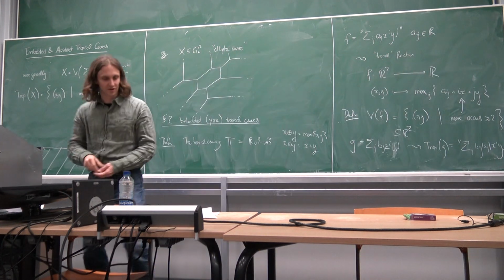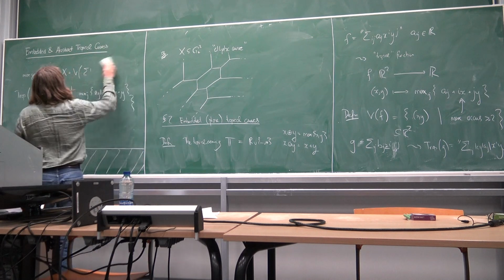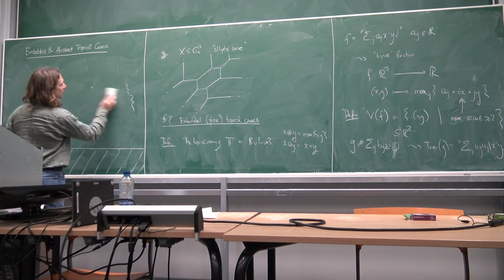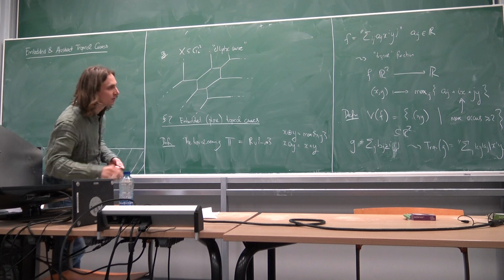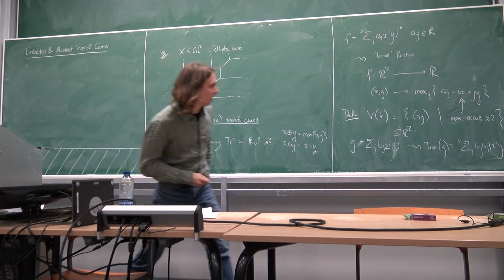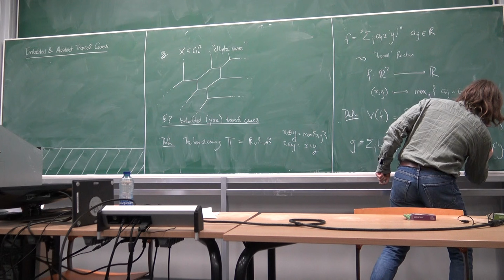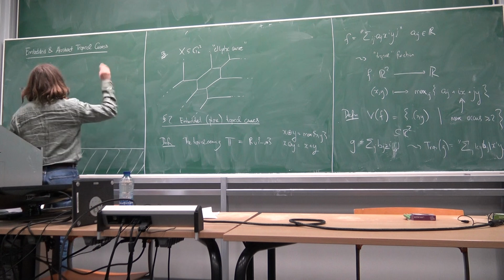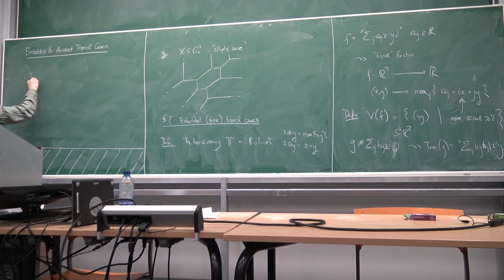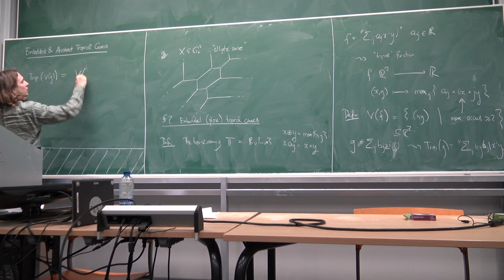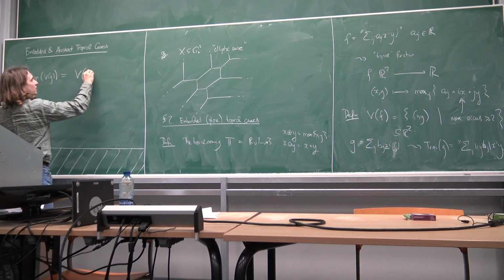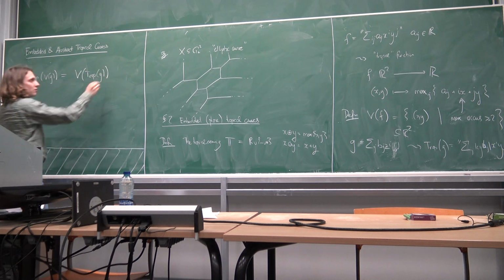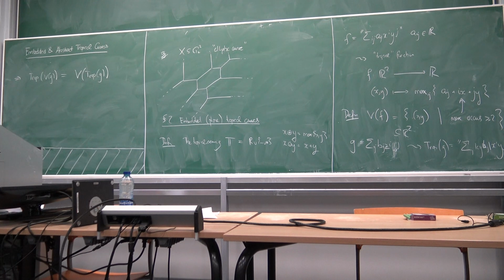But you still have bij, right? Log bij, yes, sorry. And then we've set things up in such a way that the tropicalization of the zero locus of G is the tropical curve defined by the tropicalization of G.